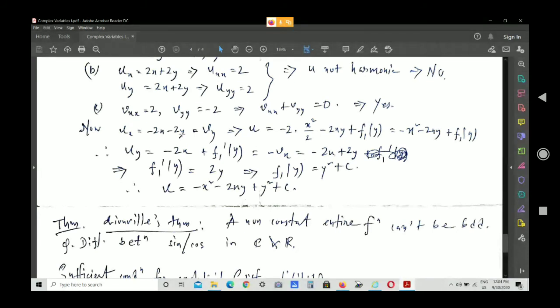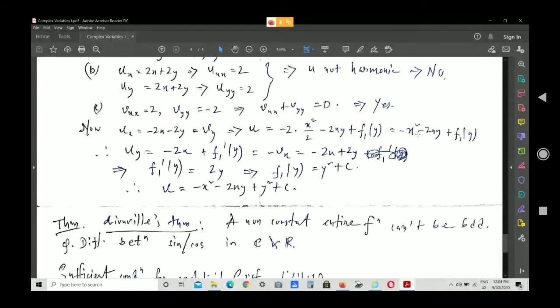So this will be minus x squared minus 2xy plus, in case of usual integration, we give an arbitrary constant, but when we are integrating partially with respect to x by treating y as constant, then instead of an arbitrary constant, we have to write a function of y. If we differentiate this with respect to x, it will become 0. So it may be a constant, and also it may be a function of y. So we are writing the general case, a function of y.